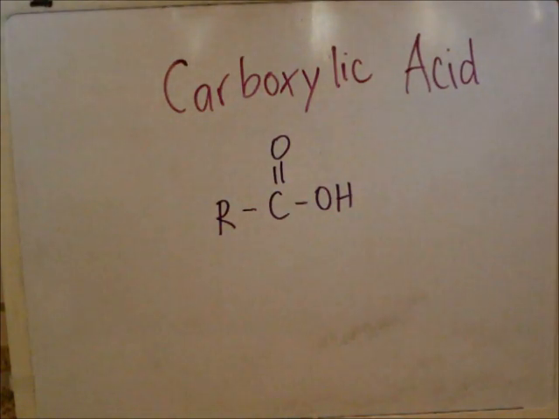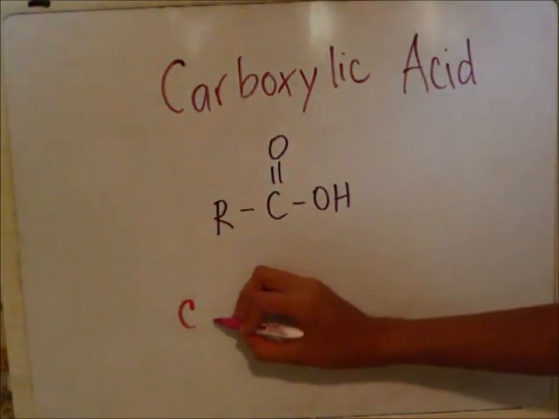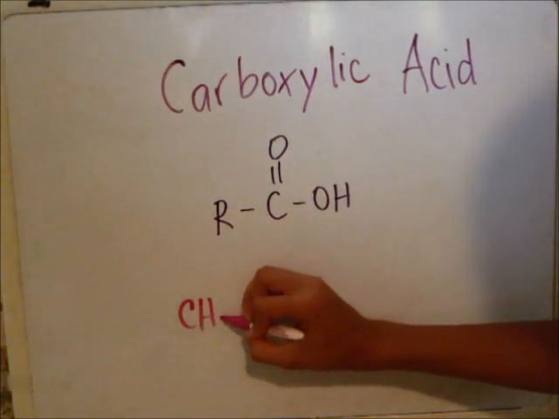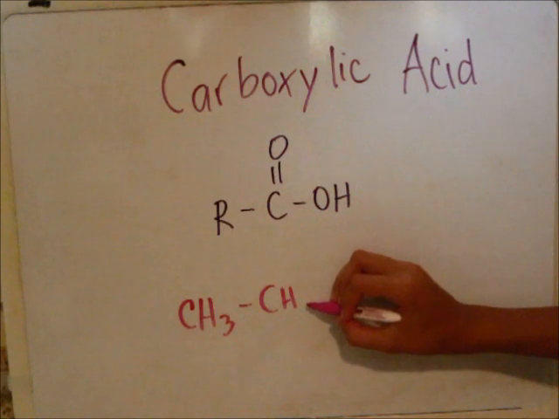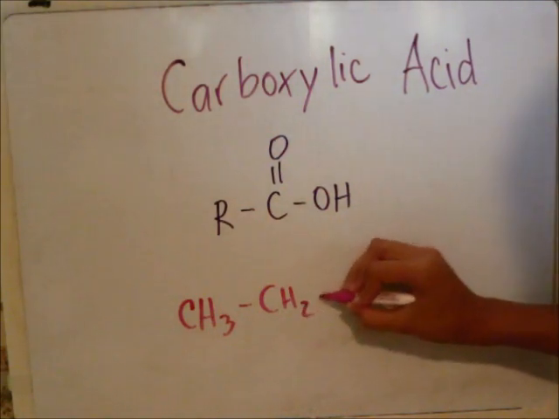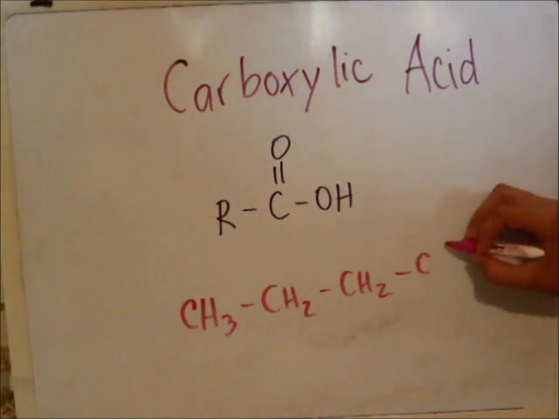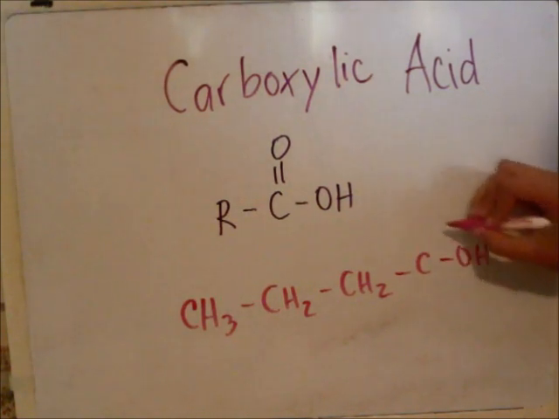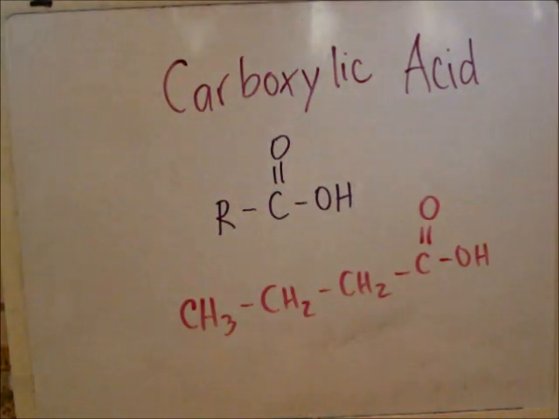Let's draw one of these. Let's do CH3, CH2, CH2, blah blah blah, then C with a double bonded O and an OH. And that would be butanoic acid.